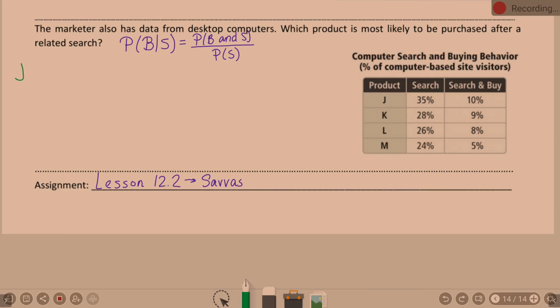Now, for J, what are we putting? 10% over 35%. Technically, I don't know if you guys want to or not, you could technically change this, take the decimals out and just make it 10 over 35. You wouldn't have to type the decimals then. Okay, what do we have? 0.2857, which becomes 28.6%.